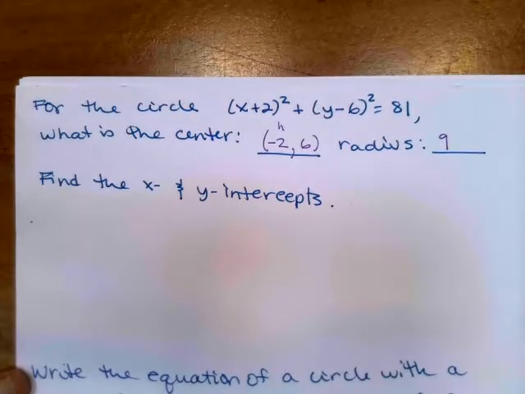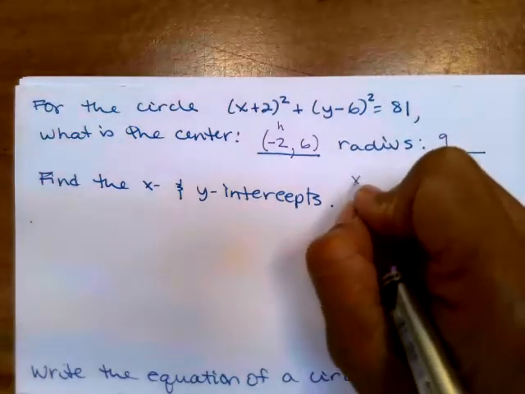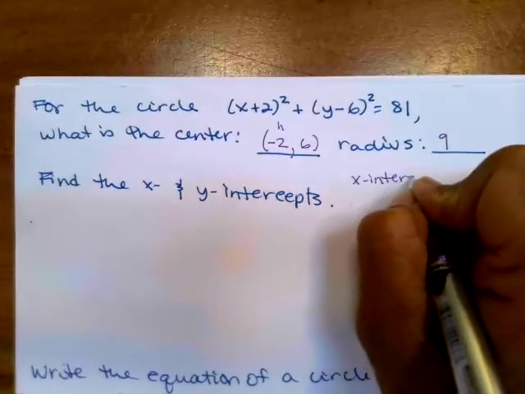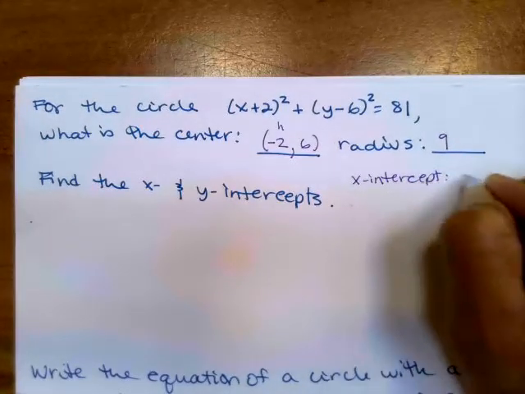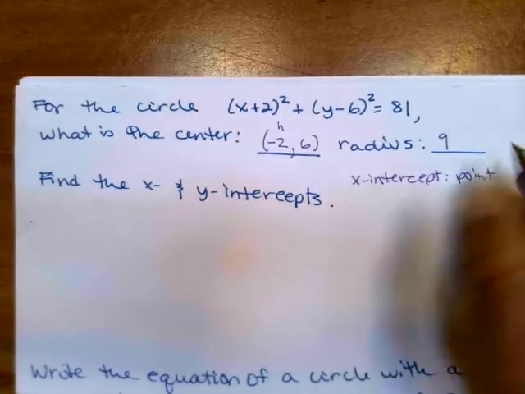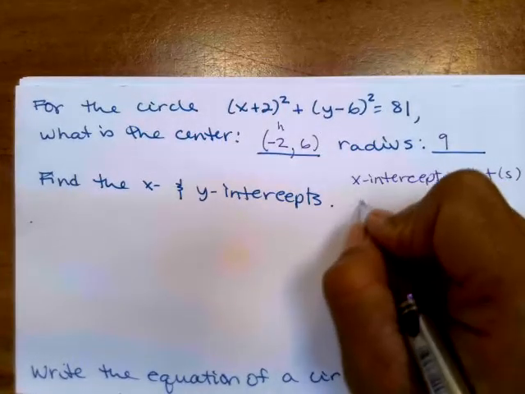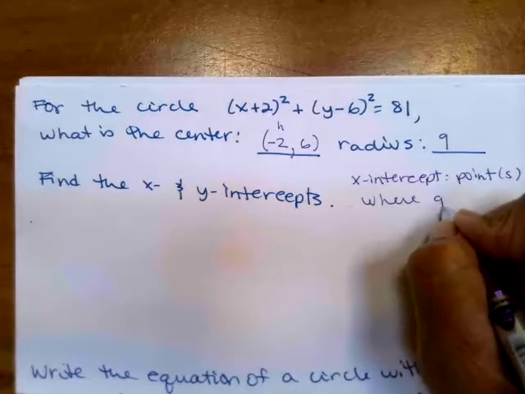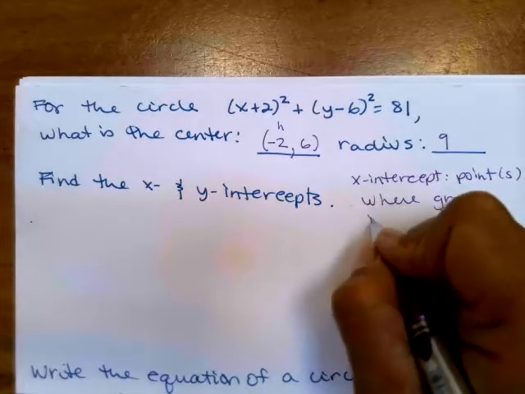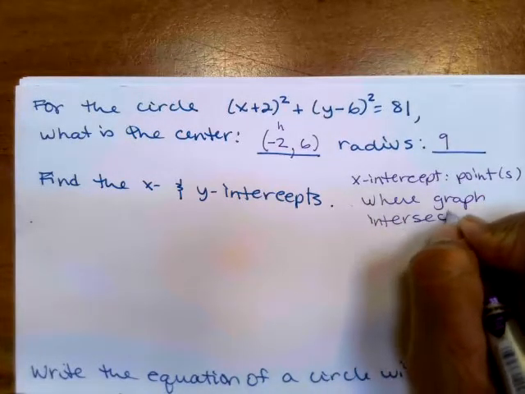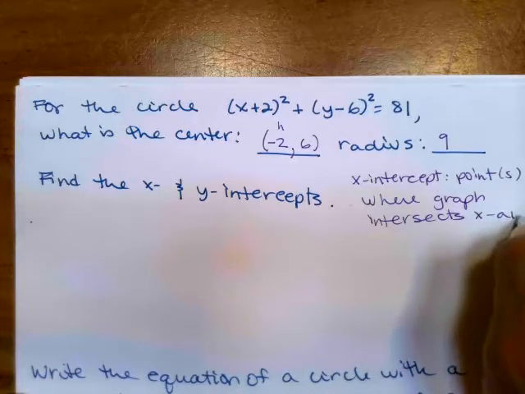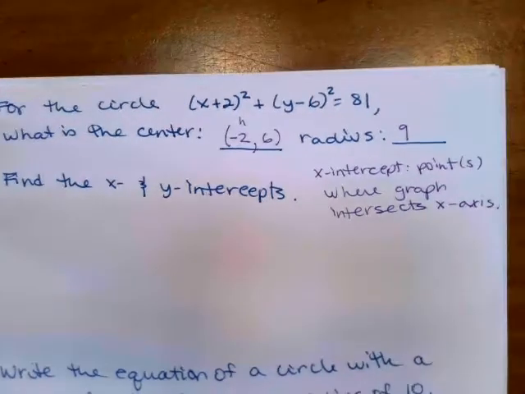So again, flexing some of those algebra skills, can we find the x and y intercepts for this circle? Remember, the x-intercept is the point or points where the graph intersects the x-axis, and the x-axis is the horizontal one.